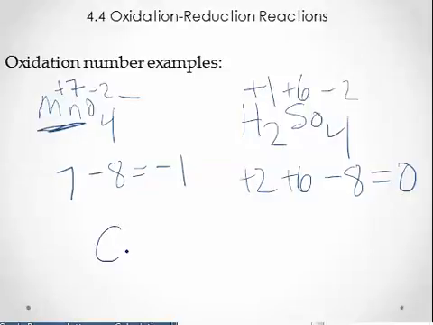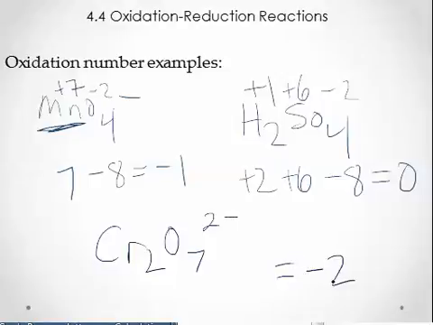All right, let's look at one more example. We look at Cr2O7, and this has a charge of negative 2. So the whole charge is equal to negative 2. So oxygen is negative 2, so there's 7 oxygens, so that's negative 14.